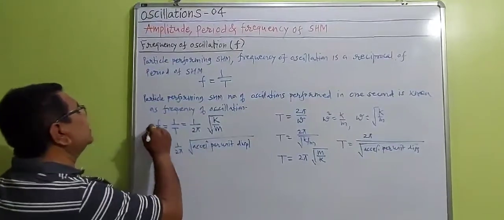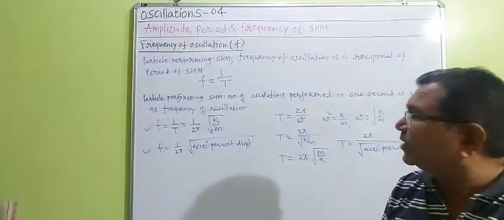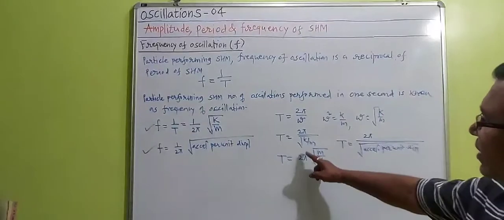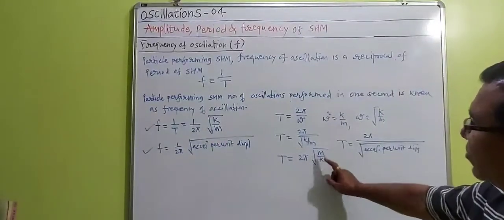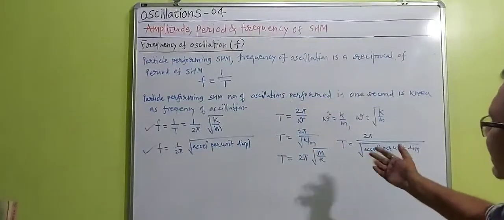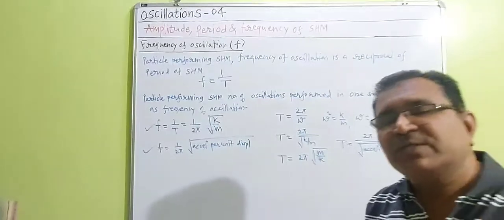So these are the two formulae of frequency: f is equal to 1 upon T is equal to 1 upon 2 pi square root of k by m, and f is equal to 1 upon 2 pi square root of acceleration per unit displacement.